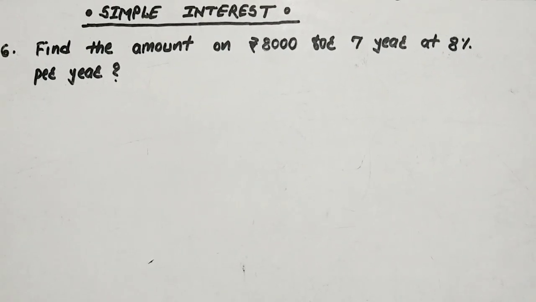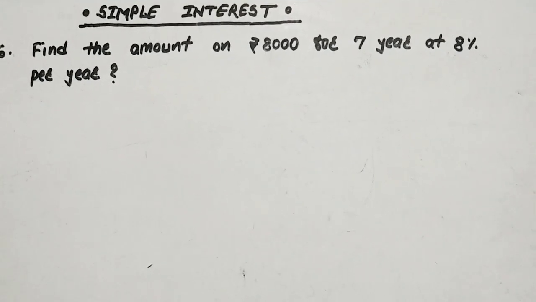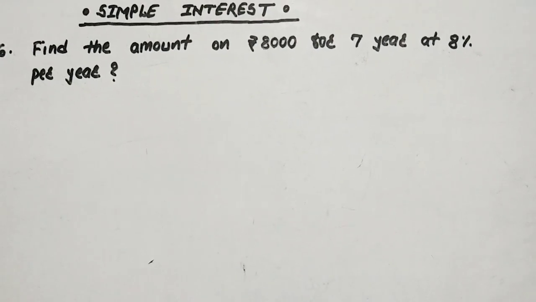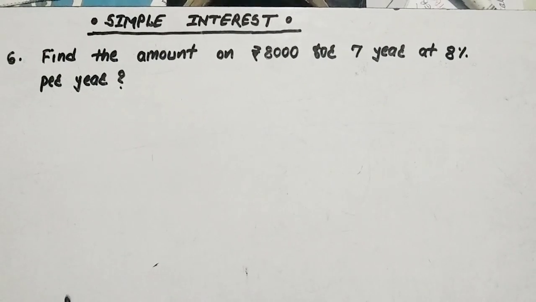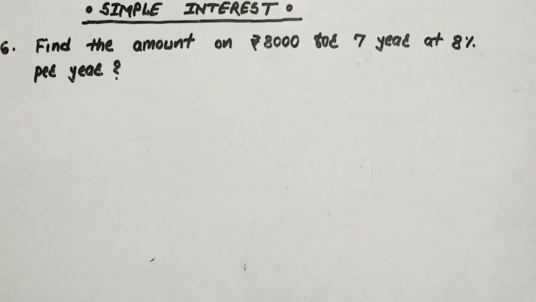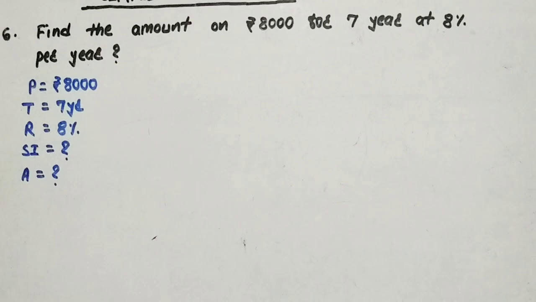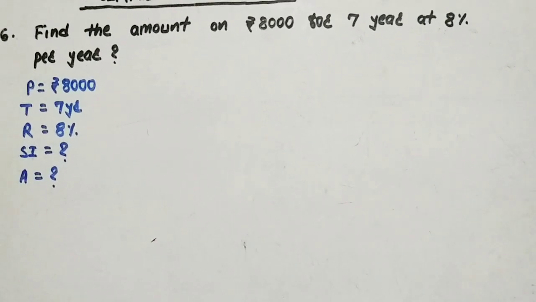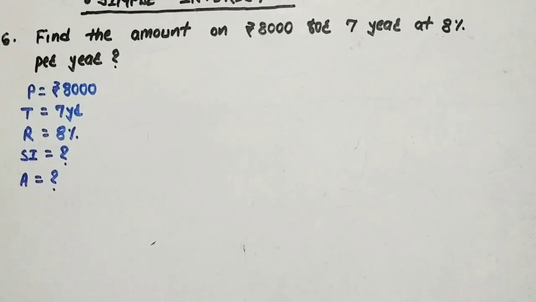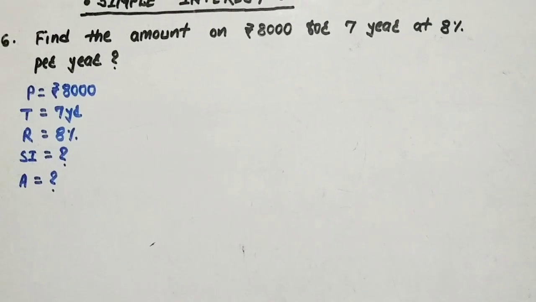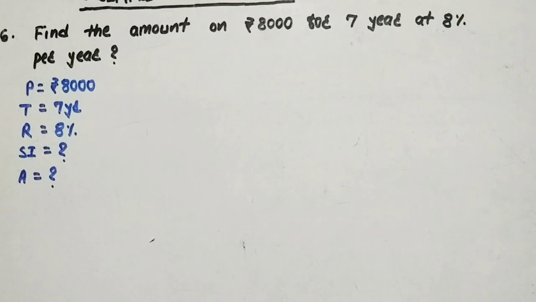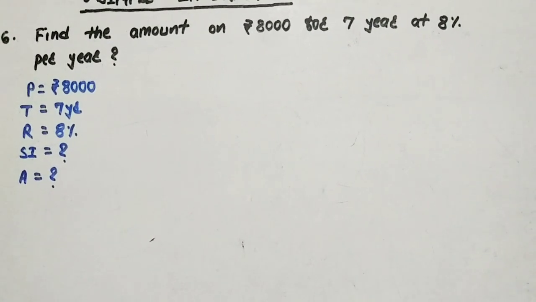So first we find the values: principal is equal to 8,000, time is equal to 7 years, rate of interest is equal to 8%. First we find the simple interest, then we move towards the amount.